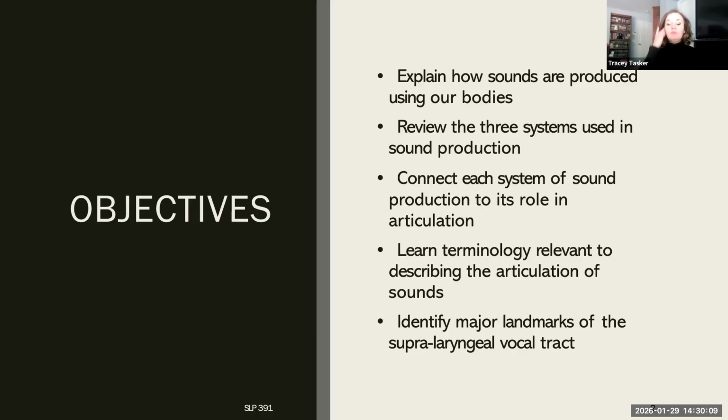Also, if you're a speech therapist, you're sometimes working with people with voice disorders. So learning about how the vocal tract works is very important because when we're assessing someone, we're listening for their voice quality.